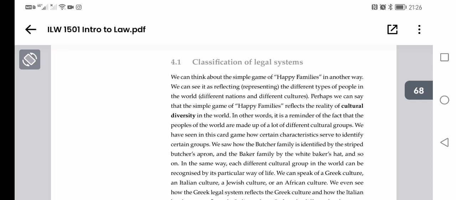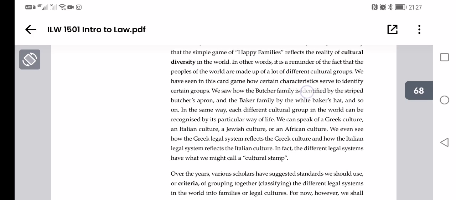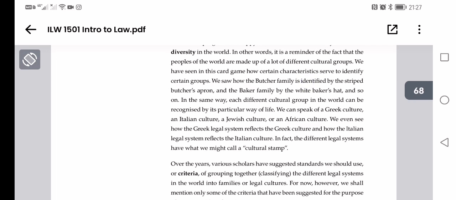In other words, it is a reminder of the fact that the peoples of the world are made up of a lot of different cultural groups.